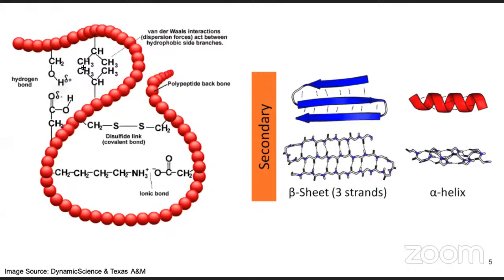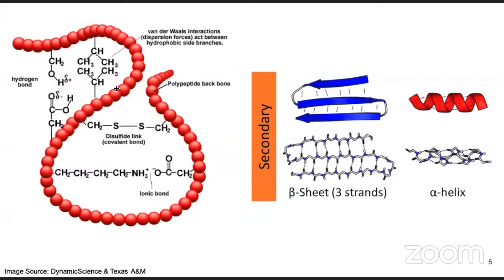Here, the side chains from different regions of the amino acid chain will come together in three-dimensional space, and because of their chemical natures, like in the case of cysteines, you can have a disulfide bridge, or in the case of positively and negatively charged amino acids, you might have ionic bonds or hydrogen bonds that tend to form.